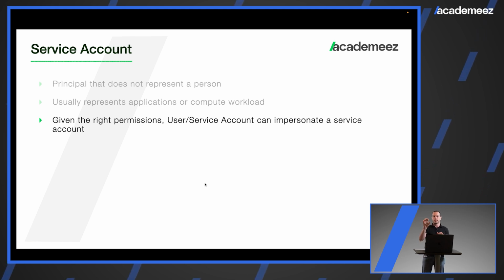I can create a service account. I can give a special permission to this service account, a special impersonation role, that will allow certain principals, like certain users, to impersonate this service account, to act on behalf of this service account. This is a perfect tool that will allow us to eliminate the permissions that we give to users to create cloud resources.